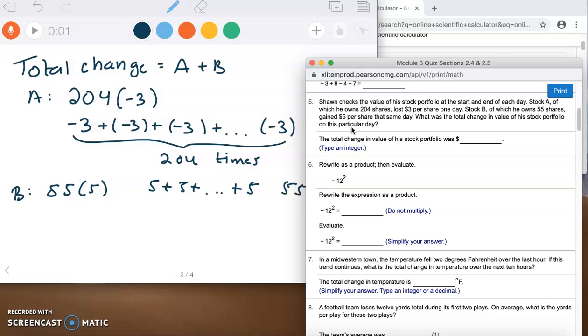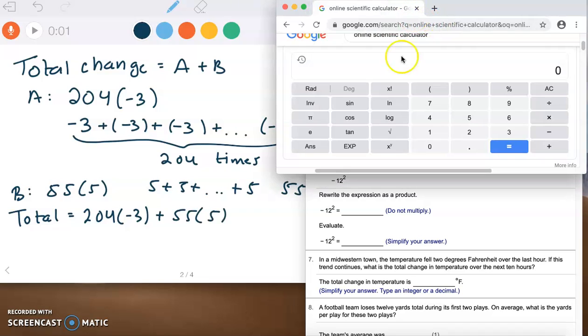Okay, so what we need to do is add those together. So the total is going to equal 204 times -3 plus 55 times 5. Now let's come over here to our calculator, and I'm just using a free online one to show you guys. So 204 times -3.